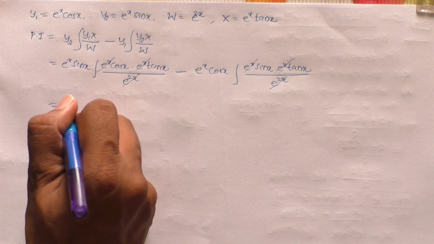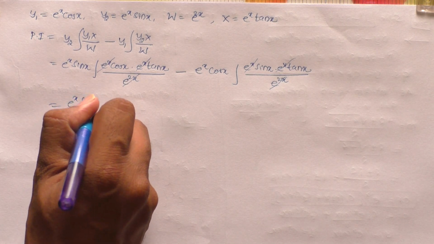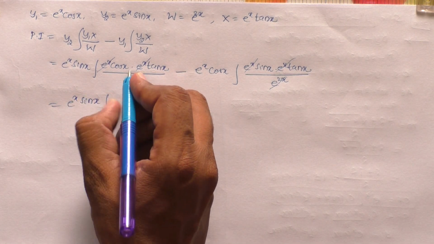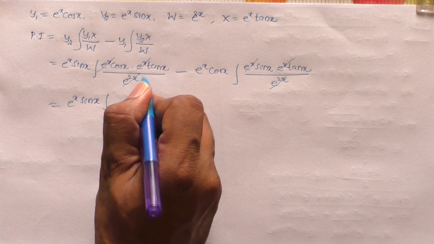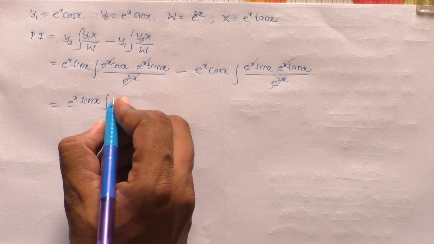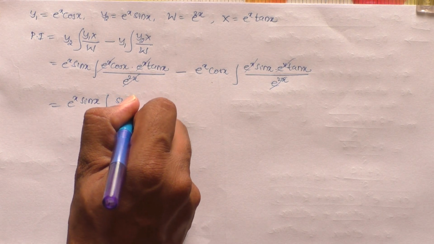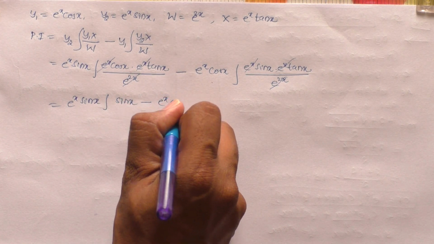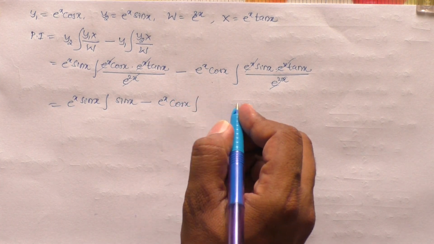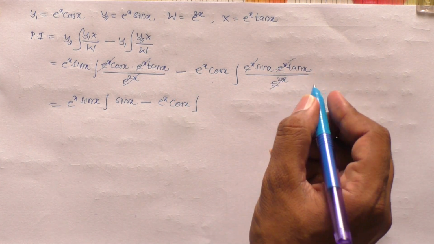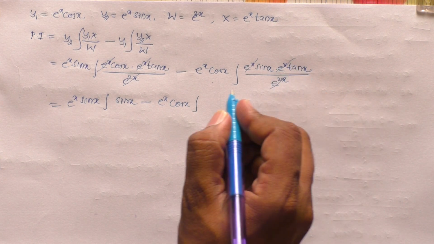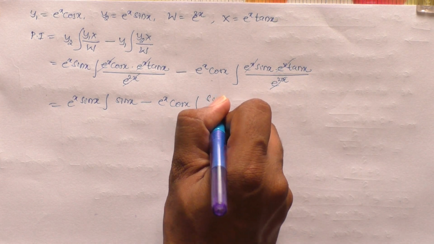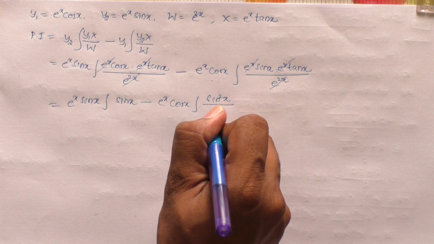Then here e raised to x sin x, integration of cos x into tan x. Tan is sin by cos, so cos gets cancelled, and you will get sin x. Minus e raised to x cos x into integration of sin into tan. Tan is sin by cos, so sin into sin is sin square, so sin square x by cos x.